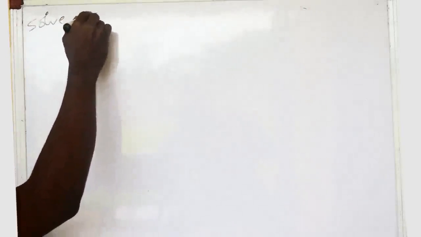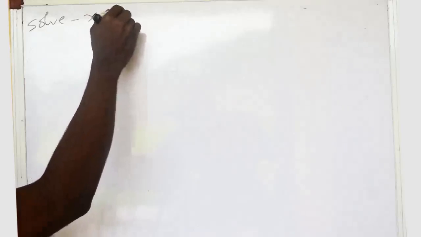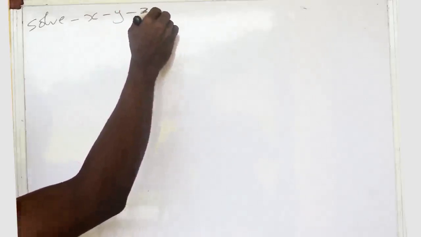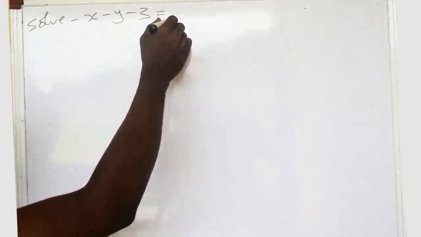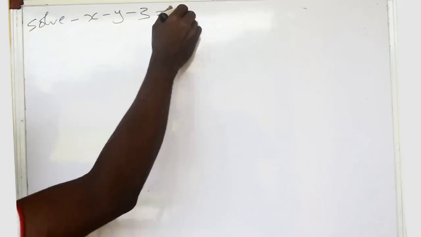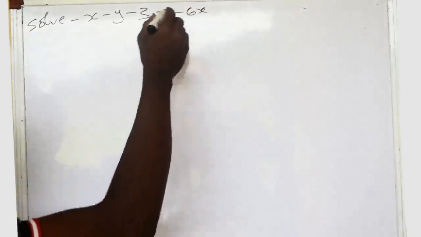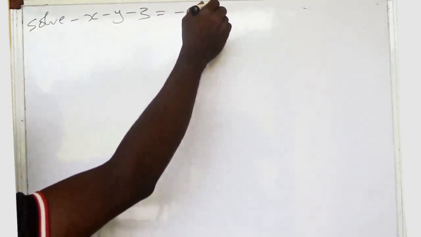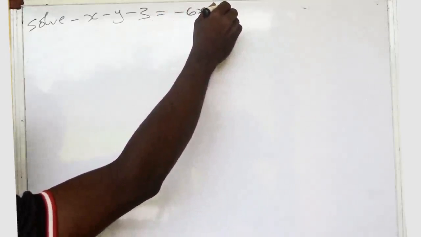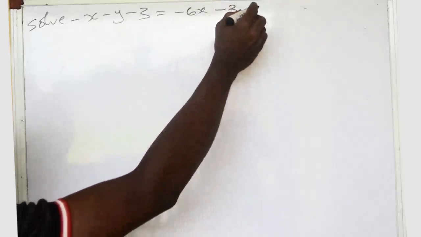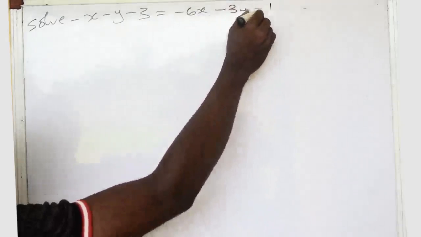So I could also say solve minus x minus y minus 3 equal to minus 6x minus 3y minus 1.